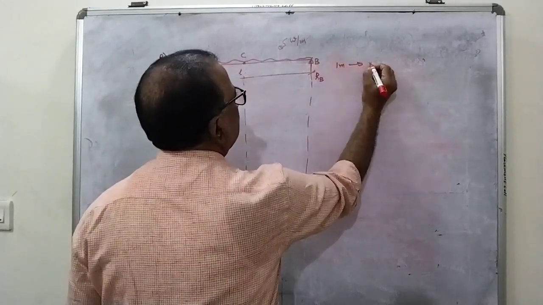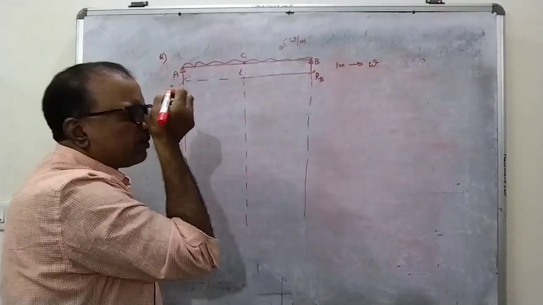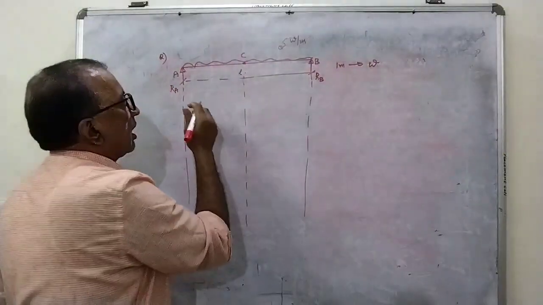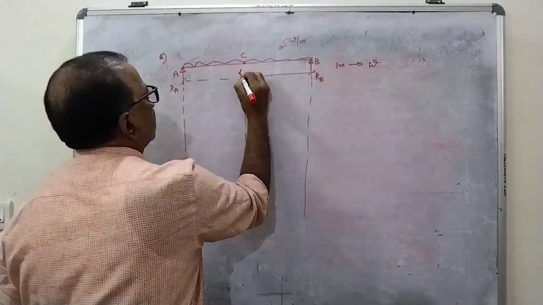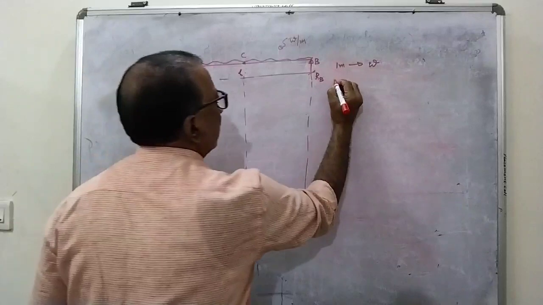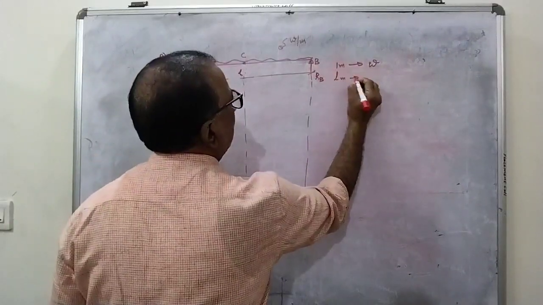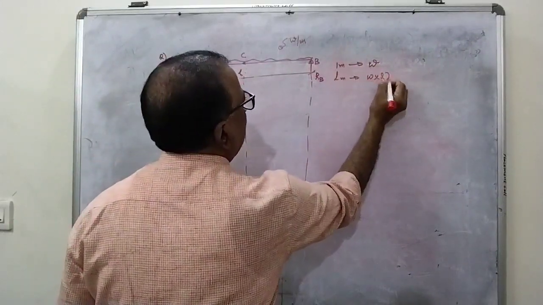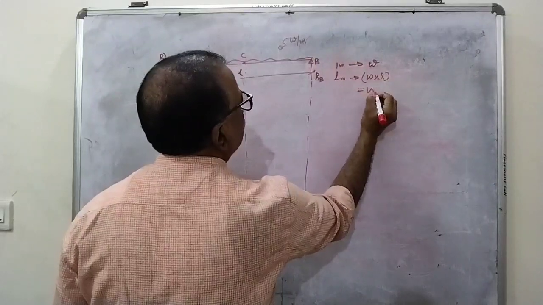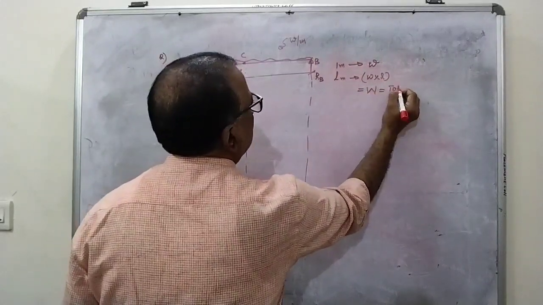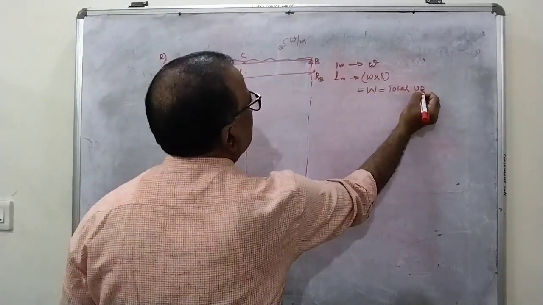For 1 meter the intensity of the load is w kilonewton. And what is the total span? Total span is L. For L meters, what is the load? w into L, which is called capital W. This is your total UDL.